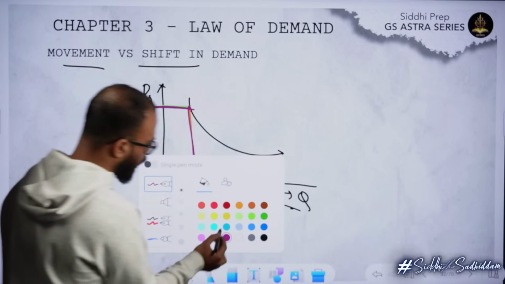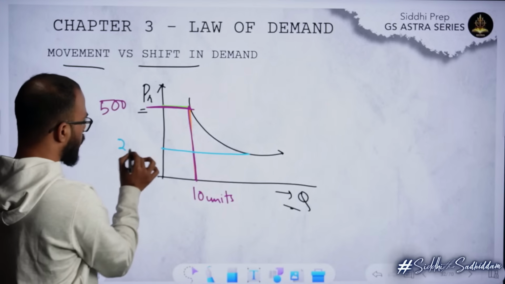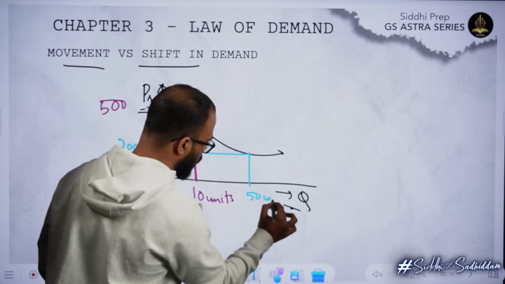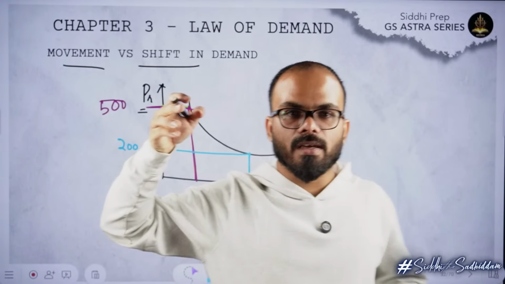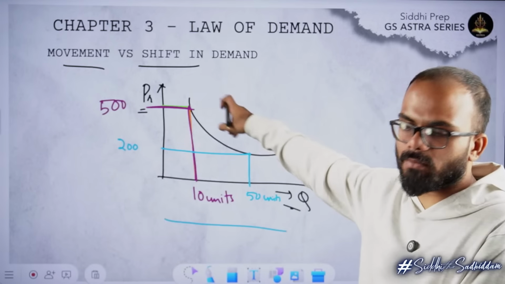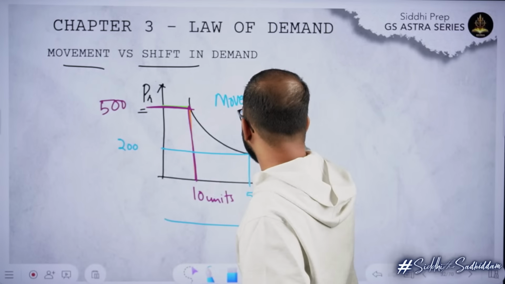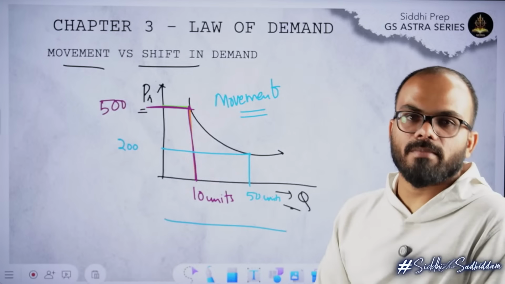Over a period of time, what happened is price was brought down to 200 rupees, so quantity demanded increased to 50 units. This movement on the same line, because of the same factors, if we are moving on the same line, is called movement along the demand curve.